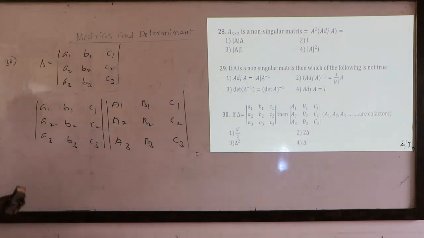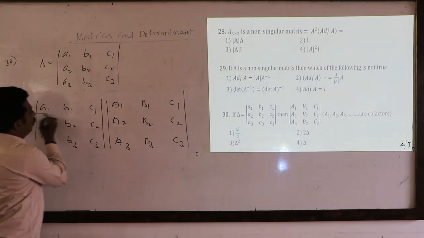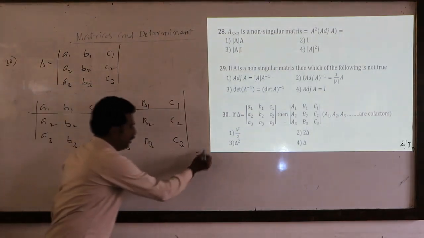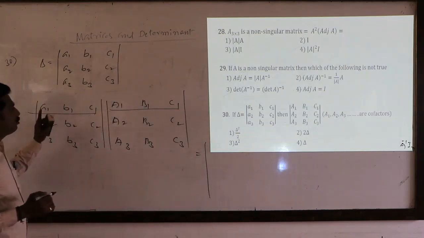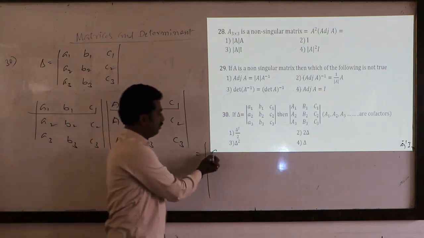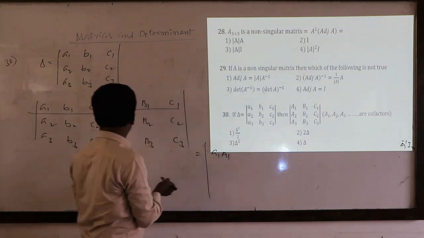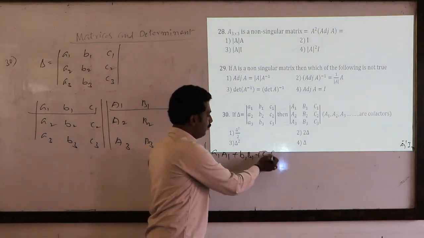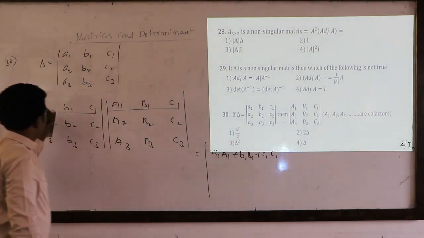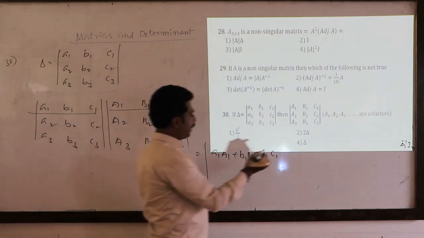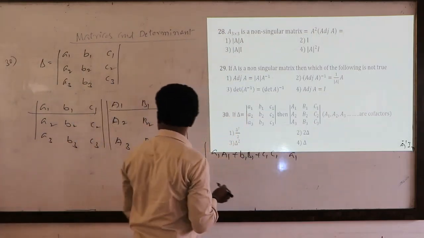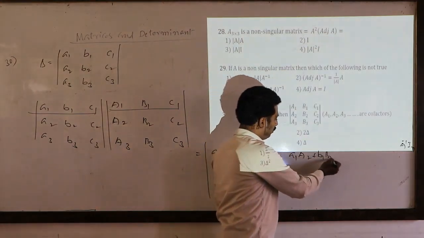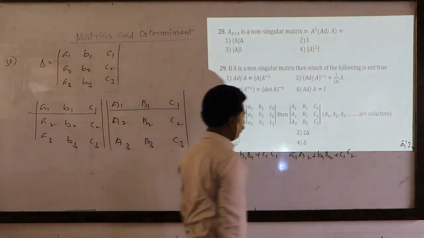How to multiply two determinants: first row elements, corresponding elements we have to multiply. A1 capital A1 plus B1 capital B1 plus C1 capital C1. First row second column means A1 A2 plus B1 B2 plus C1 C2.